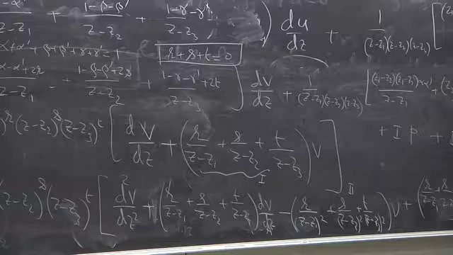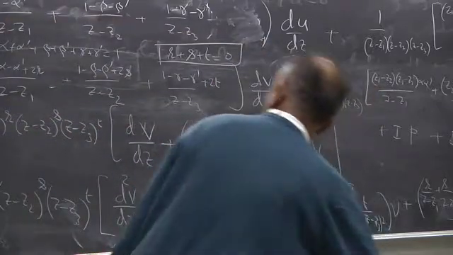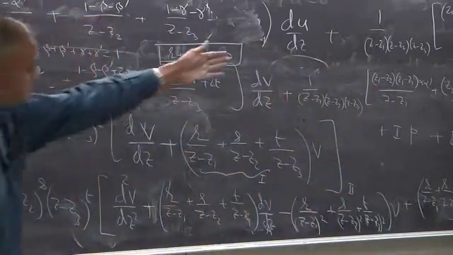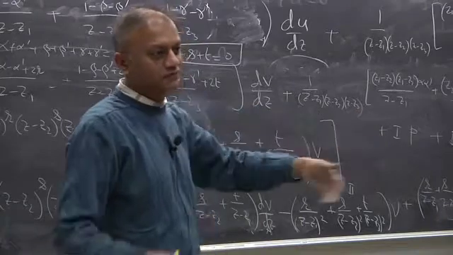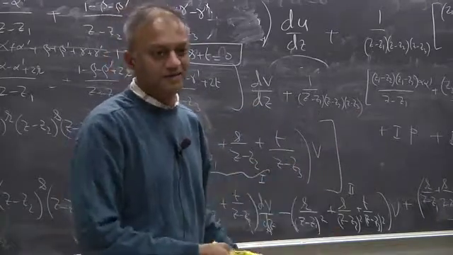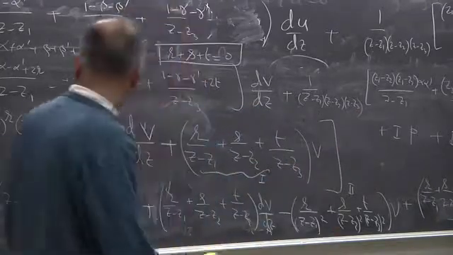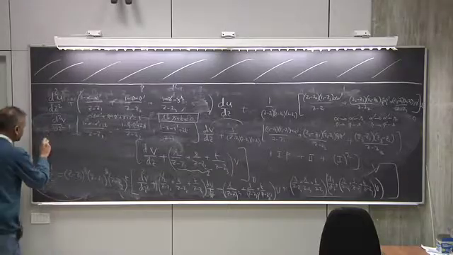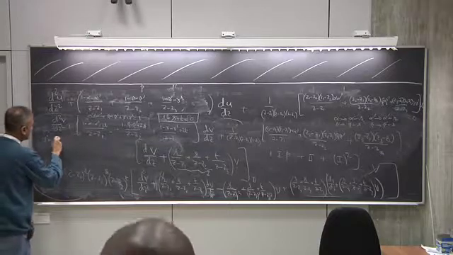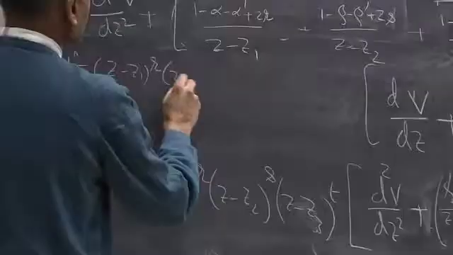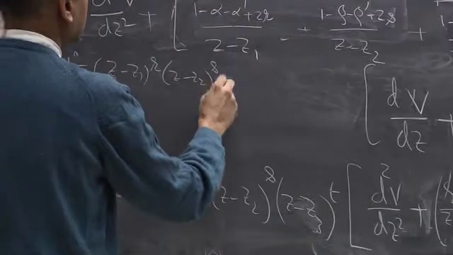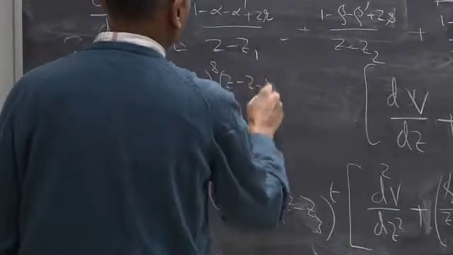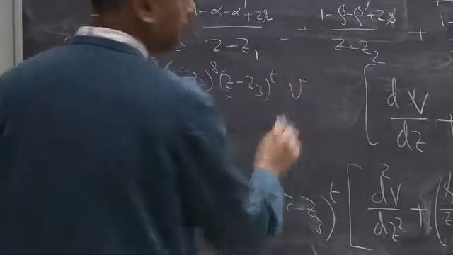In some sense, you should not be surprised by this after all. Since I am not doing the complete calculation, I want to give you more plausibility reasons why you should expect that. We are saying u is equal to z minus z1 to the power of r, z minus z2 to the power of s, z minus z3 to the power of t, times v.